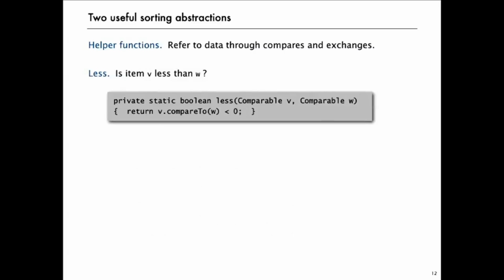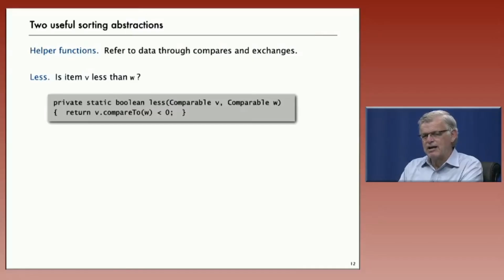So the Java language helps us with this Comparable mechanism so that we can sort data of any type. But when we come to implement sorting algorithms, we're actually going to hide that beneath our own implementations so that the actual code of our sorting algorithms can be used to implement sorting in many other languages.